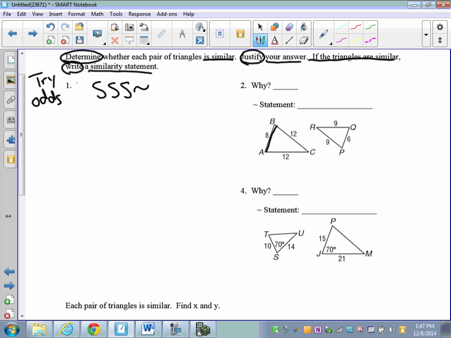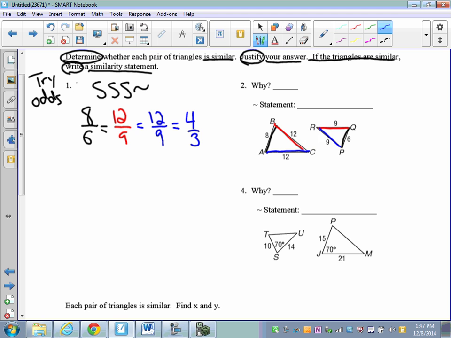So I take the smallest side, 8, and I'm going to put it over the small side in the other triangle, 6. So 8 over 6 is equal to 12 over 9. I'm using the triangle on the left on top. The triangle on the right goes in the denominator. All of these, when I simplify them, will reduce to 4 over 3.